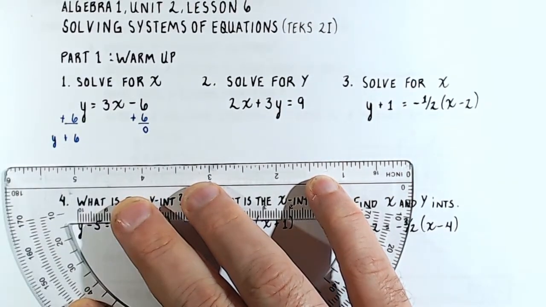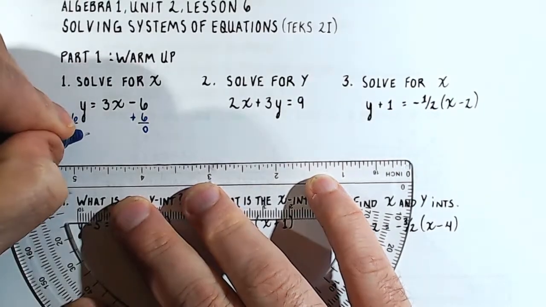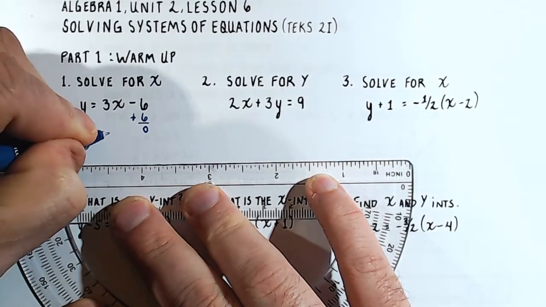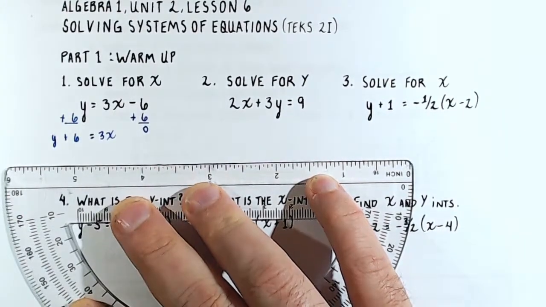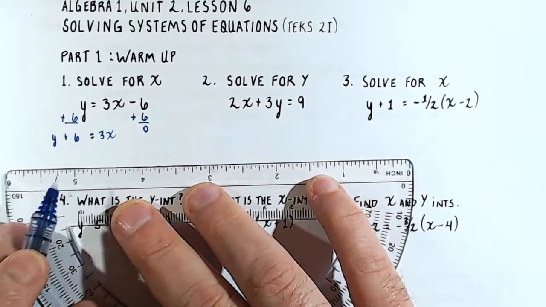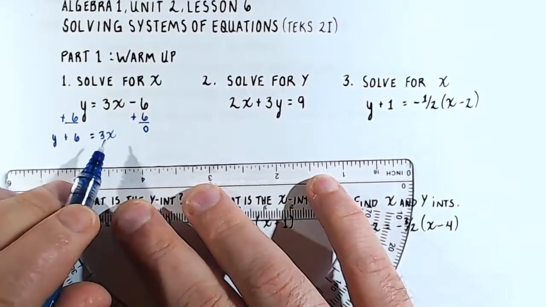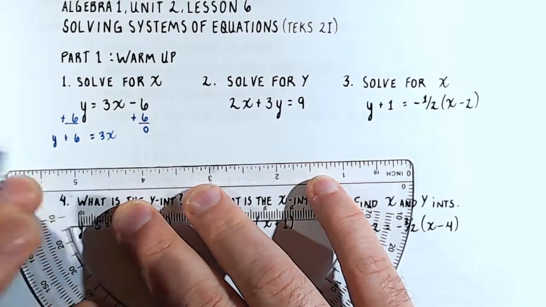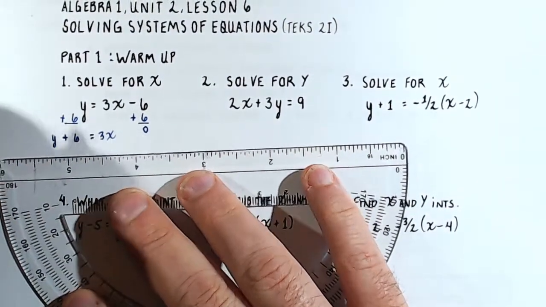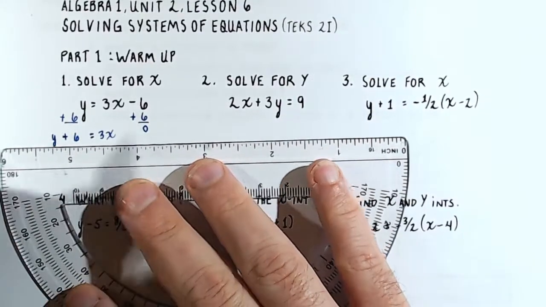Okay, y plus 6 equals 3x. Now I've got to get rid of the 3. It might be tempting to divide 3 here and then divide the 6 by 3, but don't forget, I've also got to divide the y by 3 as well.